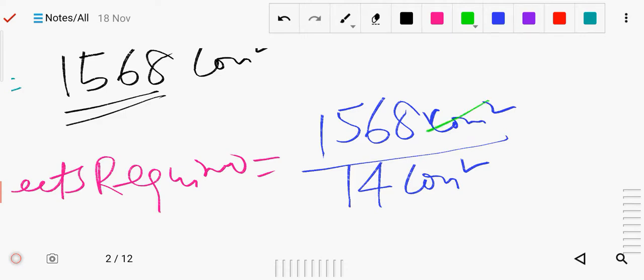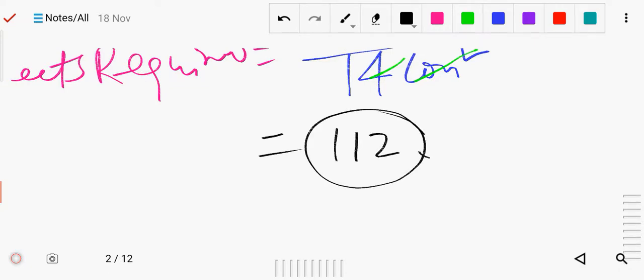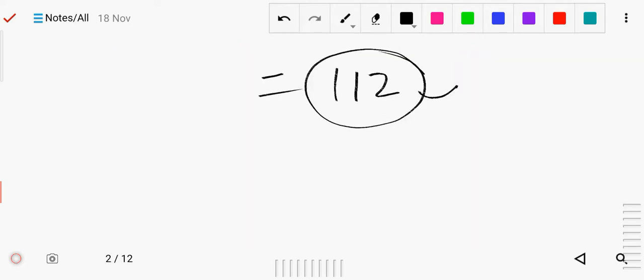So now we divide 1568 by 14, which will be 112. So 112 sheets are required.